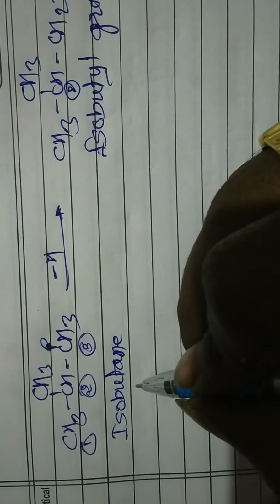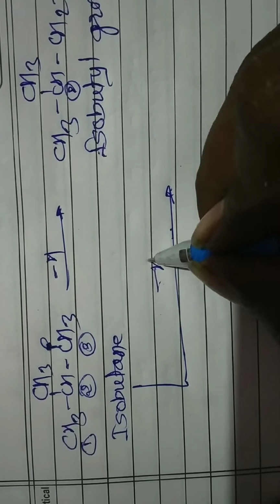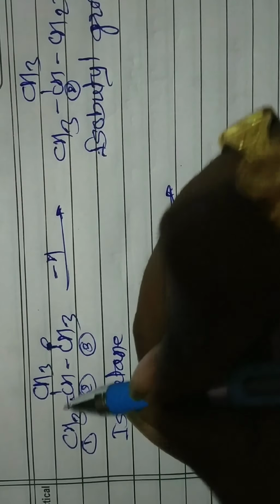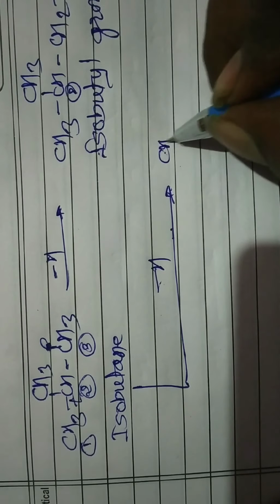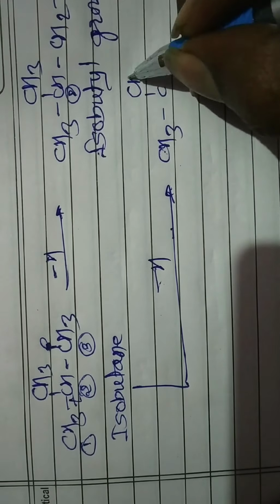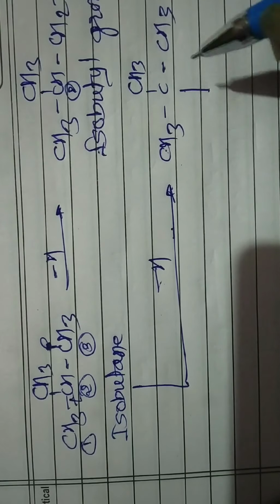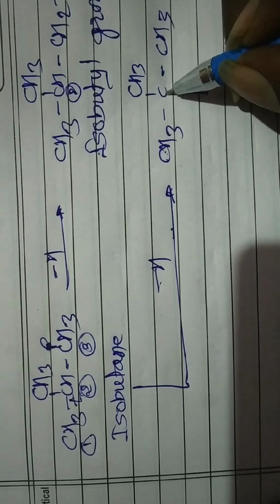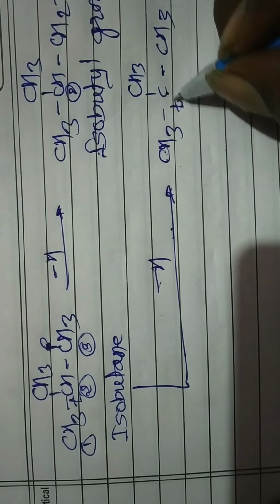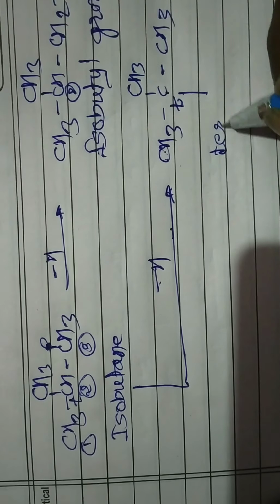Similarly, if we remove the hydrogen atom from the tertiary carbon atom of the carbon chain, we get a structure like this, and in this case this carbon atom is attached to three other carbon atoms. Therefore, this is a tertiary carbon atom, and obviously the group is the tertiary butyl group.